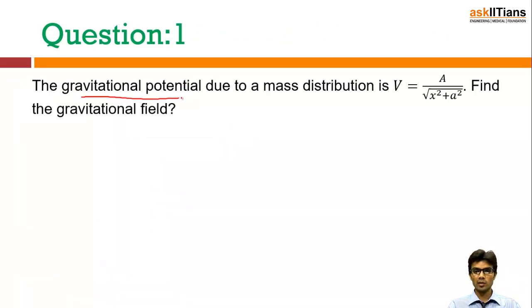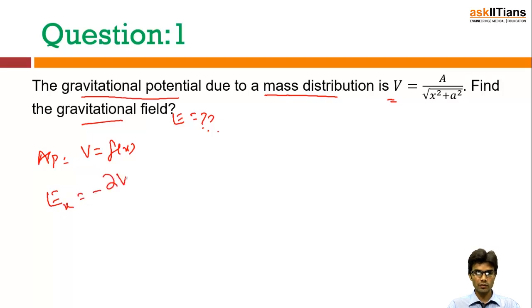Here is the gravitational potential due to a mass distribution. This V is given, and now we have to find the gravitational field E. V is a function of x according to the question, so Ex is equal to negative of dou V by dou x.